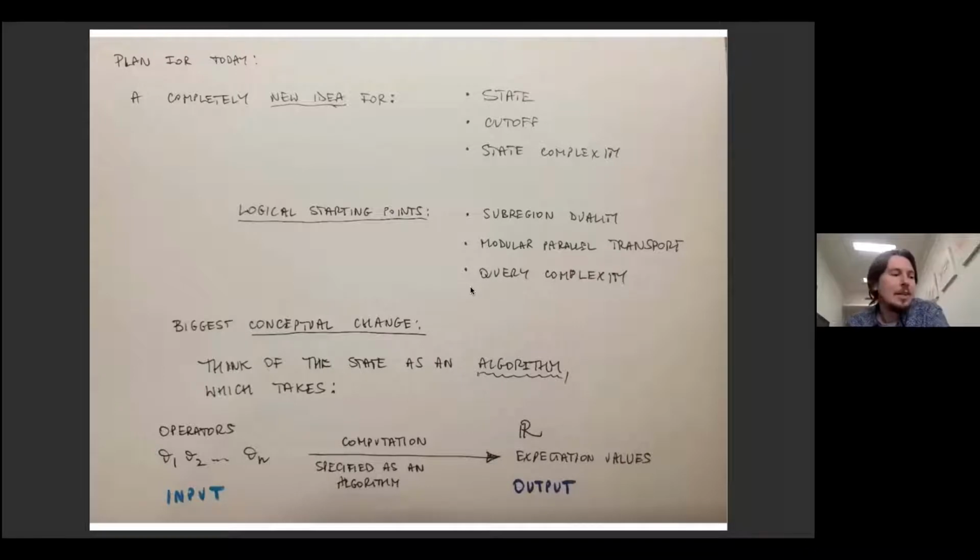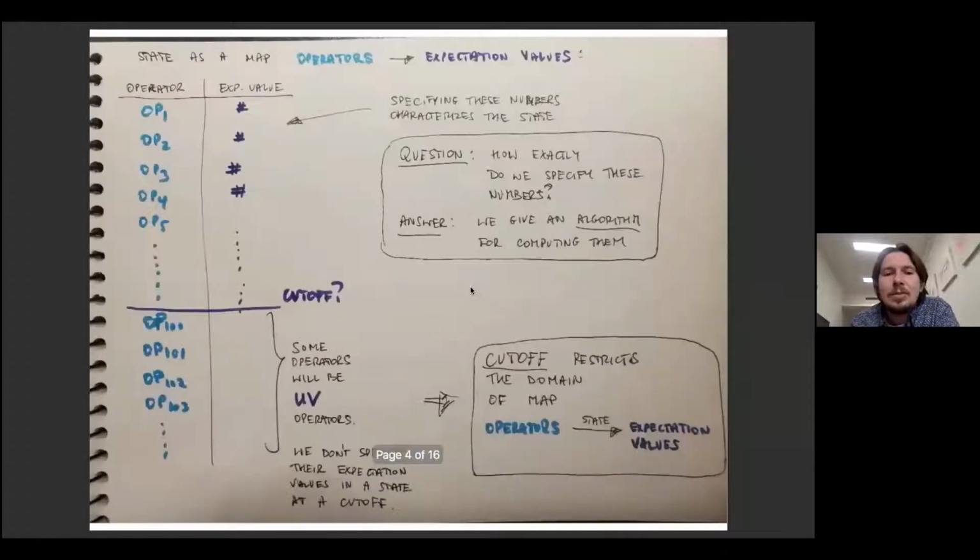So if not, but I welcome questions, then let me emphasize this point about a state as a map from operators to expectation values. You give me a state, and then what is a state? Well, we're used to thinking of it as a matrix, but the entries in the matrix, I'm talking about a density matrix, but the entries in that density matrix, if I wanted to pick them out, I would take the matrix elements of that matrix.